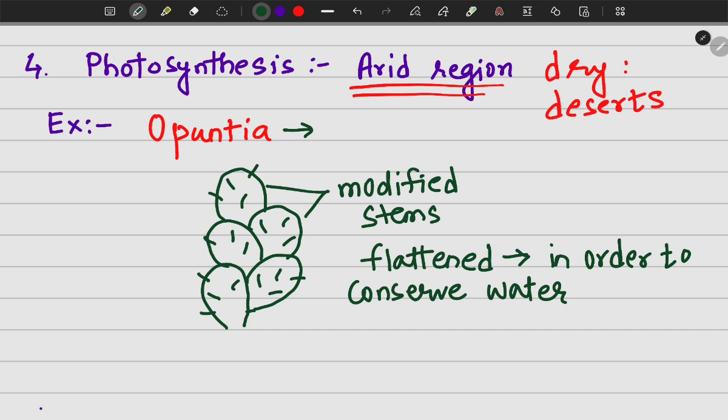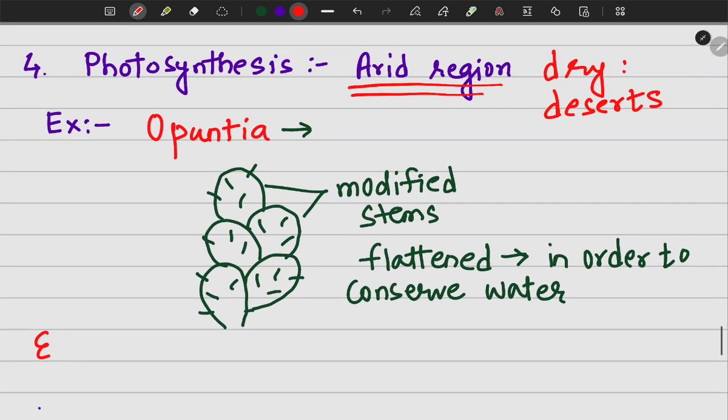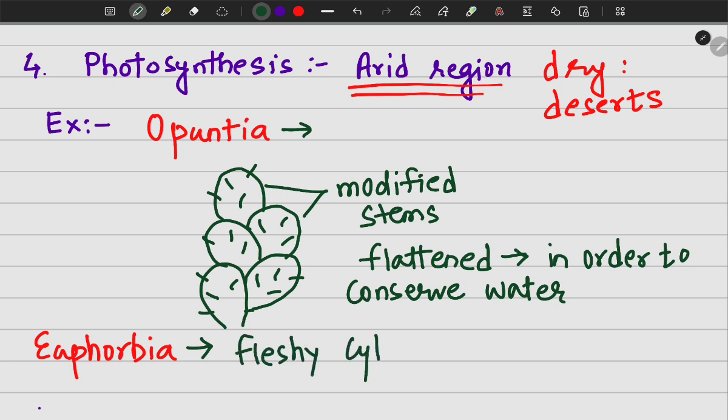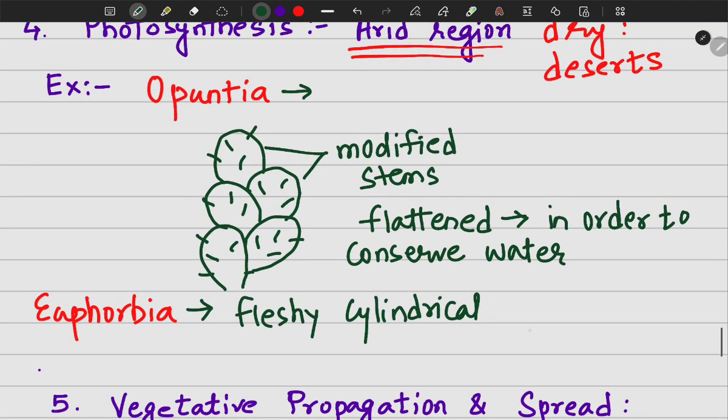Similarly, in case of Euphorbia, another example, the stem modifies into a fleshy cylindrical structure which looks somewhat like this.